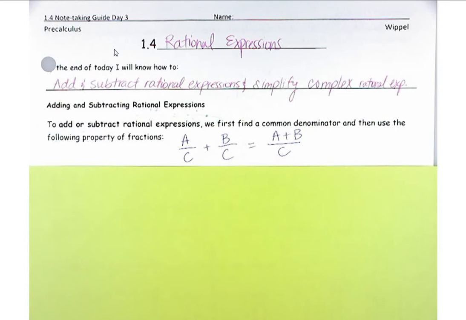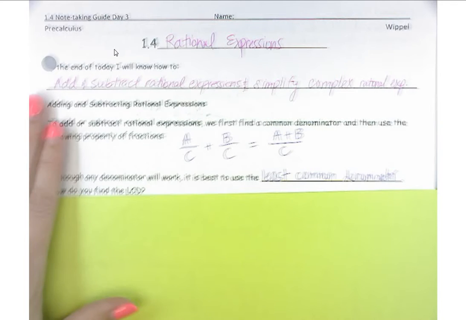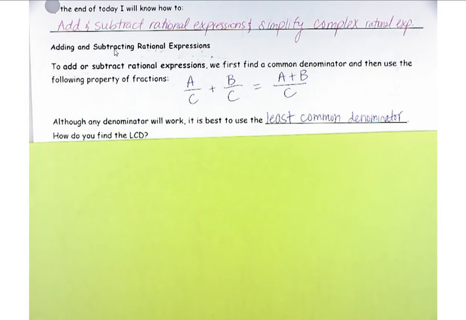Whenever you have a fraction, you have to have a common denominator. Now, any common denominator is going to work, but it's always best if you use the least common denominator. If you don't, you'll have to simplify at the end.